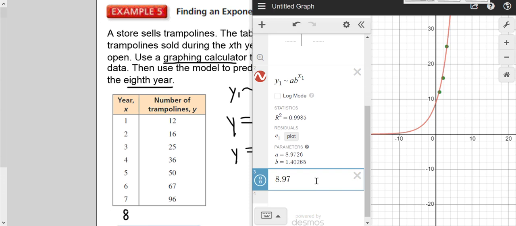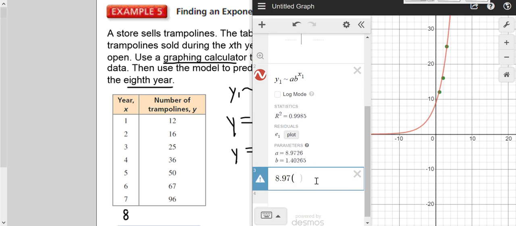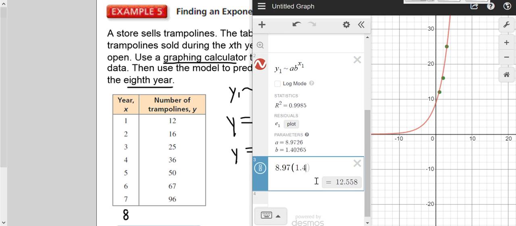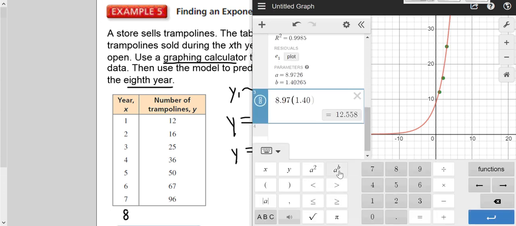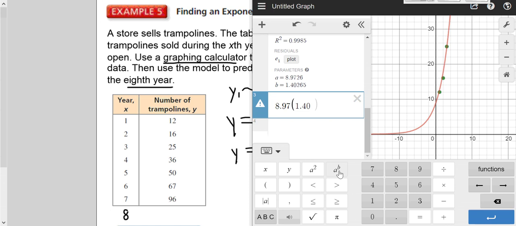8.97 times 1.40 to the 8th power. There's our number. So I put this in, 132.38.